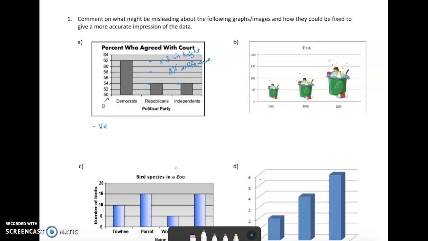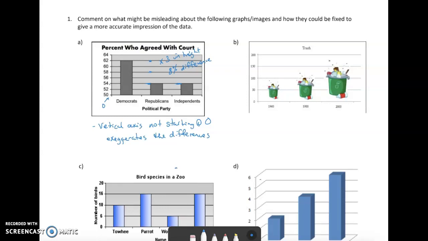When your vertical axis is not starting at 0, it exaggerates the difference in the bars. Okay, so that could be giving a false impression as to what's really going on here.